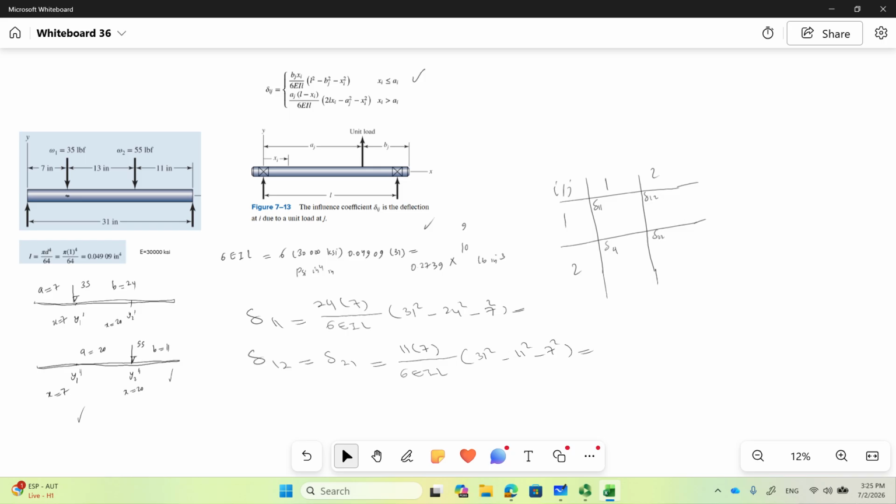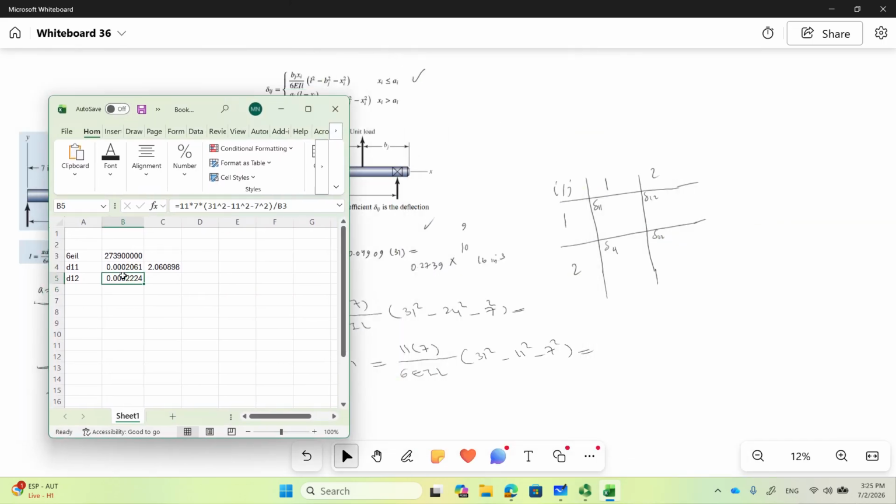Alright, so this time I did that calculation again. So again, see what I did: 11 times 7 times 31 squared minus 11 squared minus 7 squared divided by 6EIL. And then again, if I multiply that by 10,000, this is going to be... what mistake I made. Okay, yeah, I shouldn't have done this. I should have done it this way. So this guy times 10,000, so 2.223.